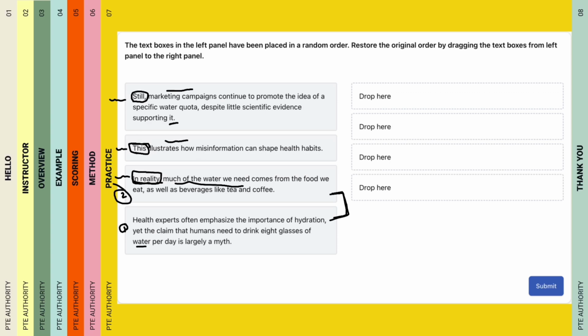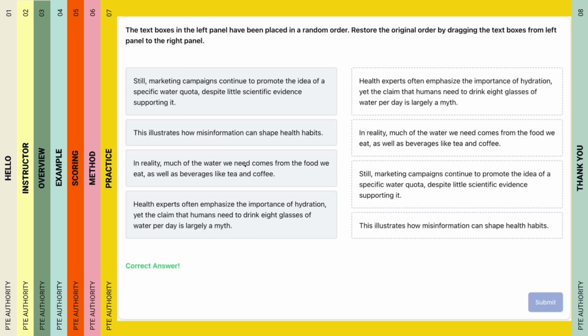So this is referring to the marketing campaigns here, and that makes this, the linking word "this," connected to the first paragraph. So that makes this number 3 and this one number 4. Let's see. Yep, that seems to be right.